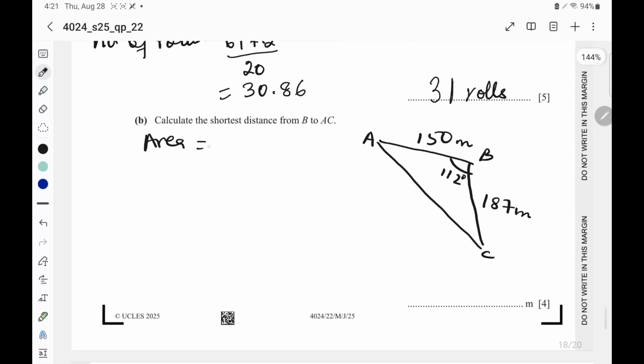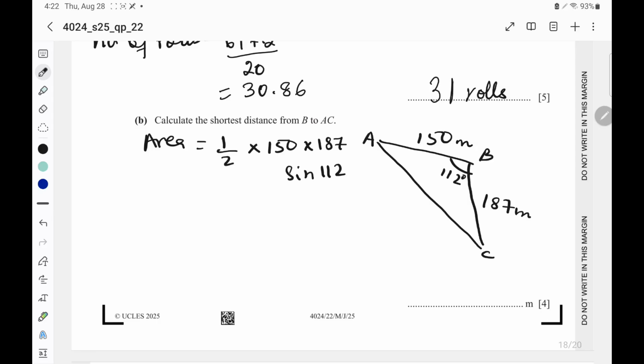Area is equal to half AB sine C, because this is a non-right angle triangle. Half of 150, and this is a 4 marks question. First you find out the area, and with the help of the area you find out the shortest distance. 150 into 187 and sine of 112. Half AB sine C.